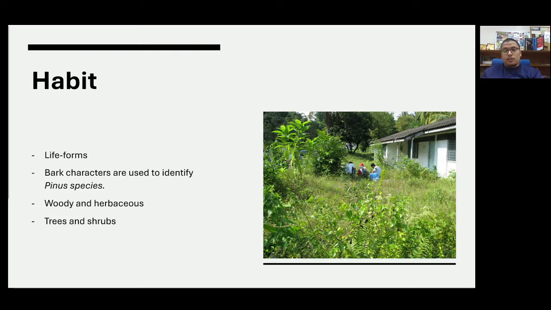However, it allows a means of estimating adaptiveness and ecological adjustment of the plant to the habitat. In pines, for example, bark characters are used for identification of species. Another one is woody and herbaceous characters, which have been the primary basis of recognition of Lignosae and Herbaceae series within the dicots.